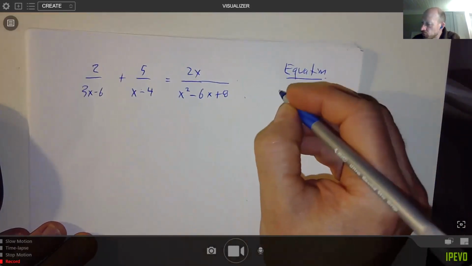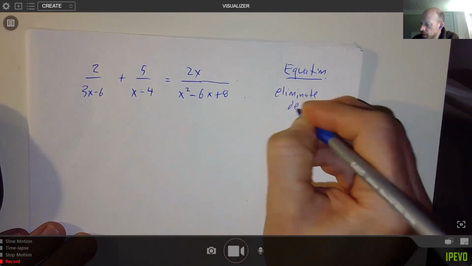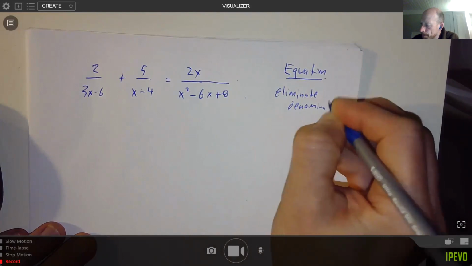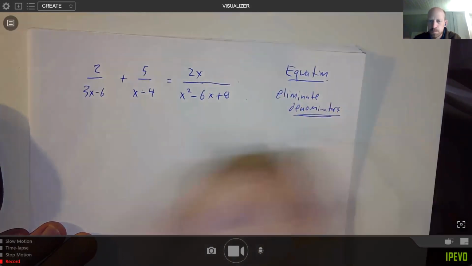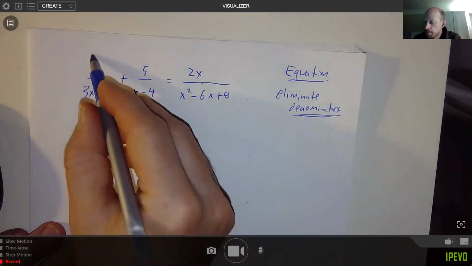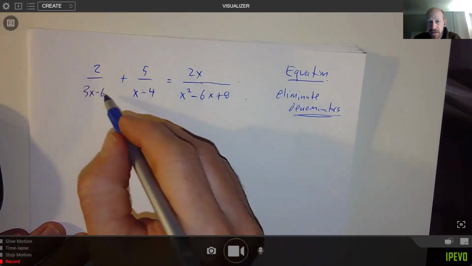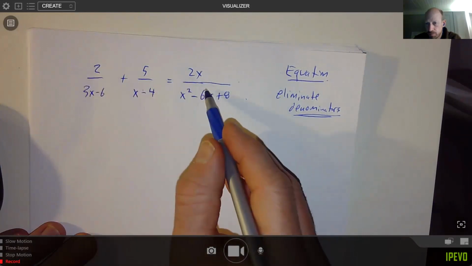And with equations, our goal is to eliminate the denominators. The factoring is going to help us do that, but we want to multiply on both sides of the equation something that's going to cancel out with all of these denominators.